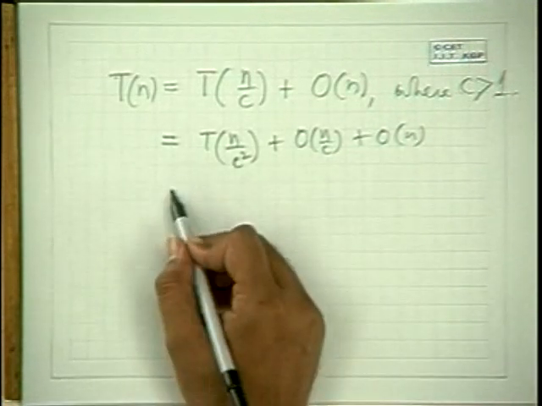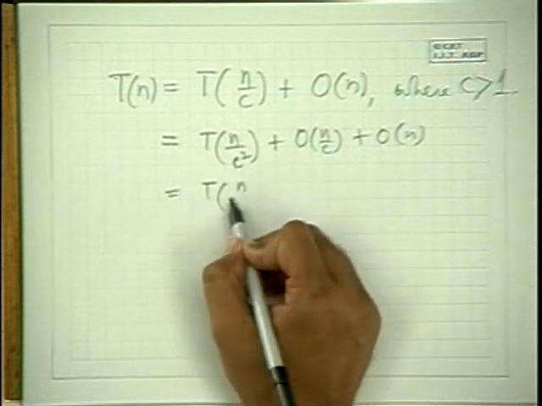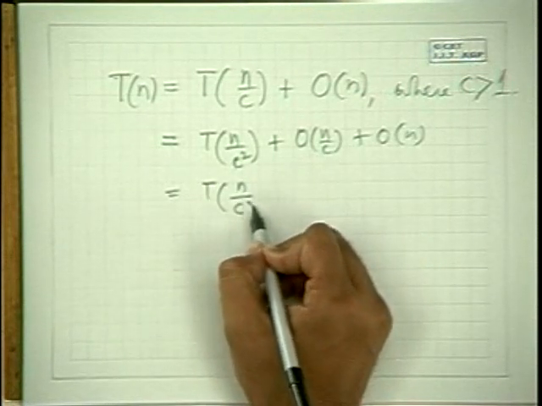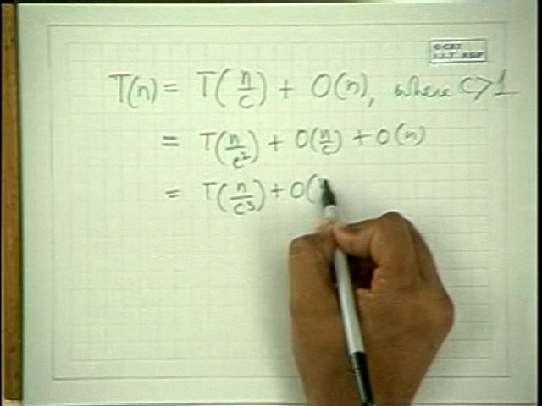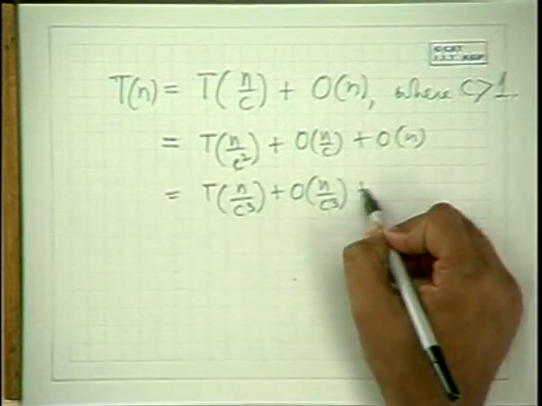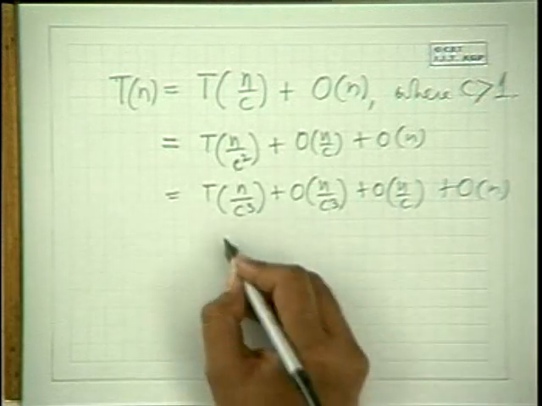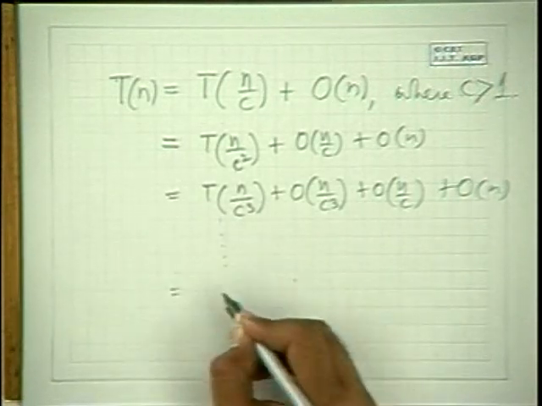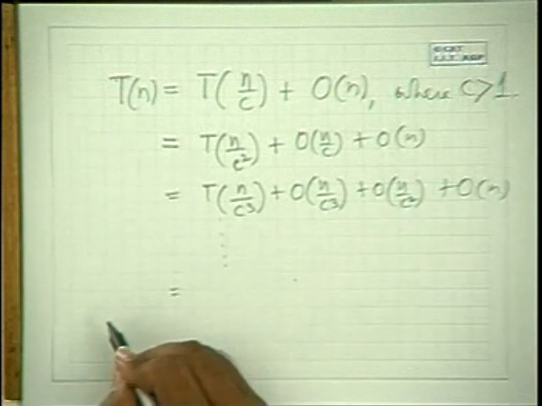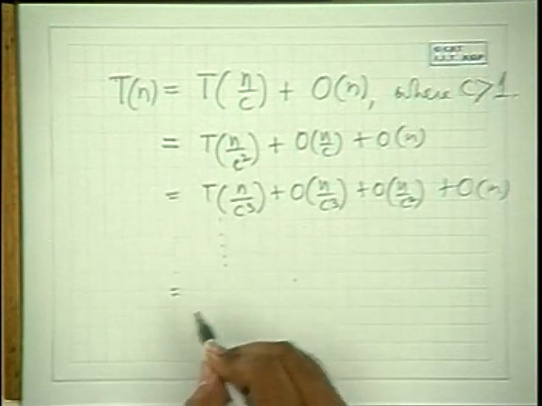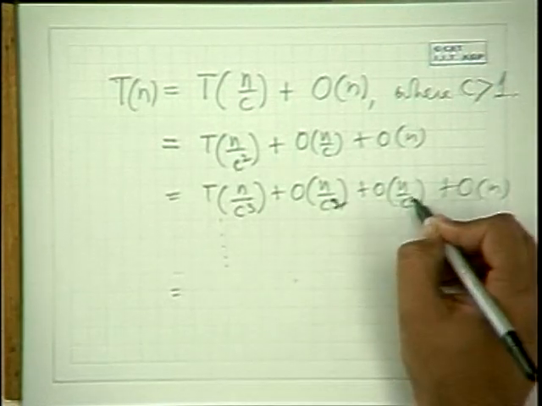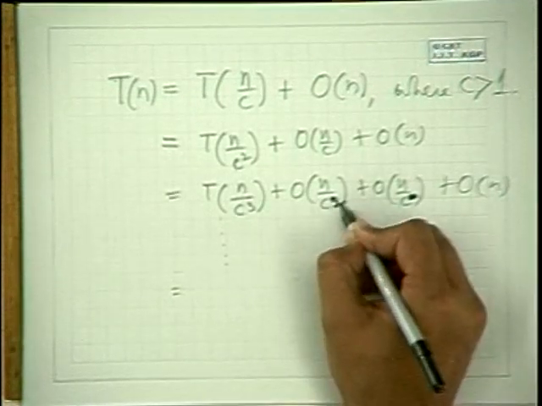Do it once more. Tn over C cube, this gives you a term of n over C square plus order of n over C plus order of n. Just go on doing it. Sorry, this will be C square, this will be C.